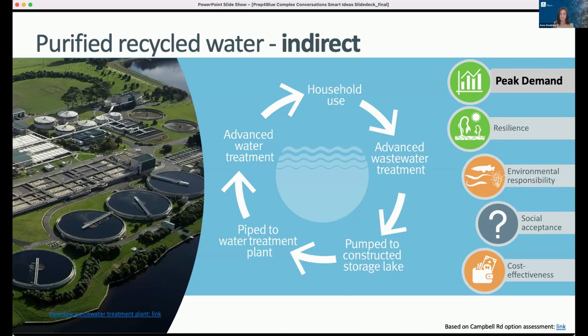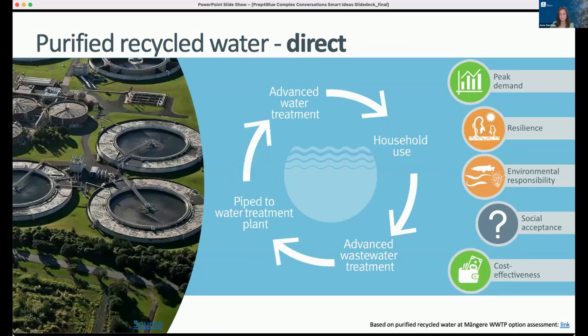We had options, including this one, which is purified recycled water. That means recycled wastewater being purified and used ultimately for drinking water. In this example, it's indirect, meaning it goes through a storage lake or an environmental buffer, and then is repurified again before it goes into the drinking water system.